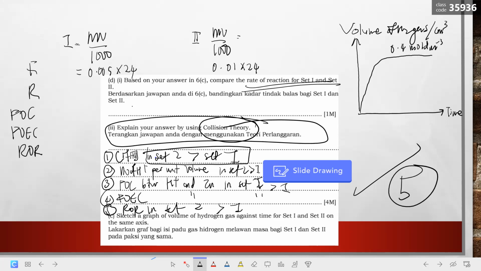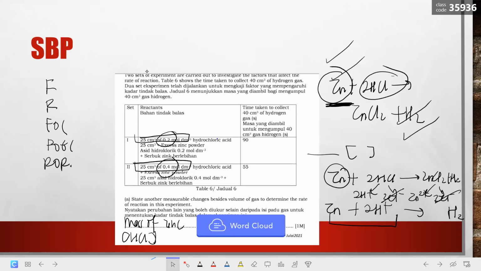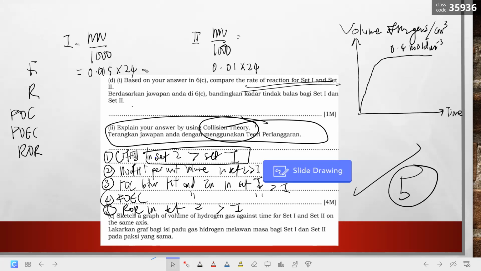What do you get? The 0.005 times 24 is 0.12. Okay, wait, decimals, give me a minute. So zinc plus hydrochloric acid, you're going to get zinc chloride plus hydrogen gas. This is where we have to be very careful.